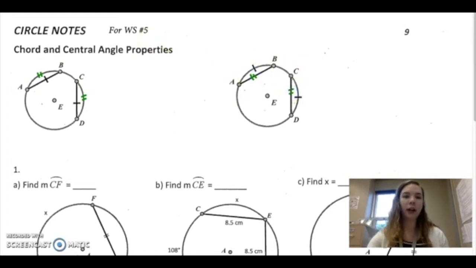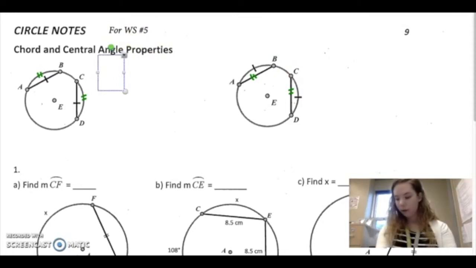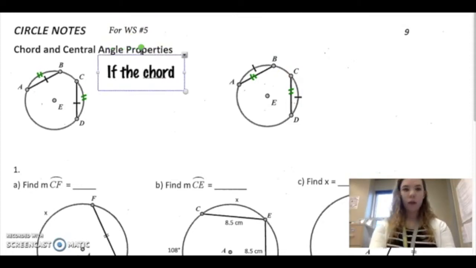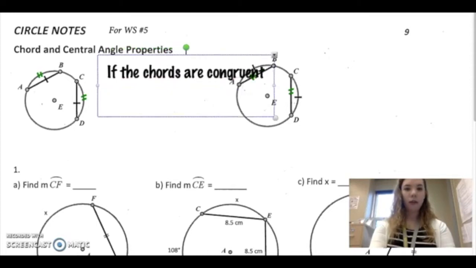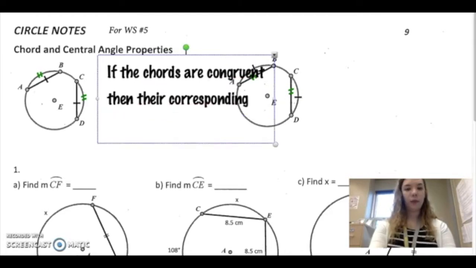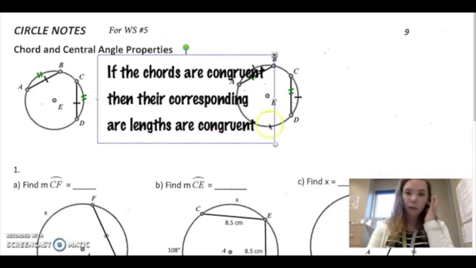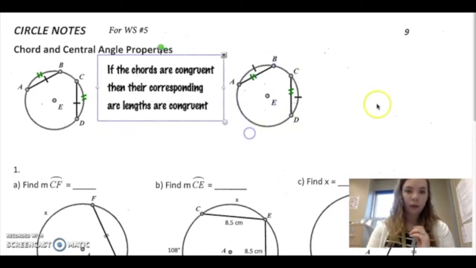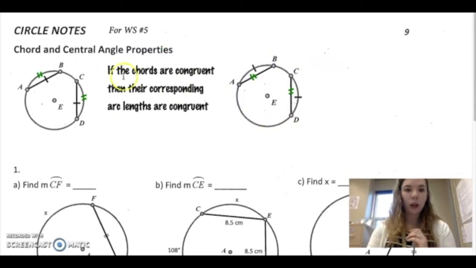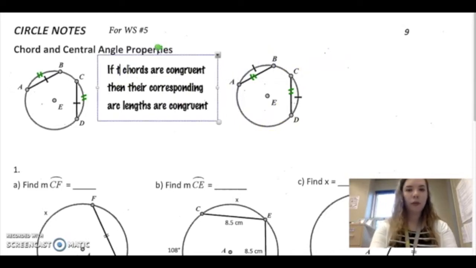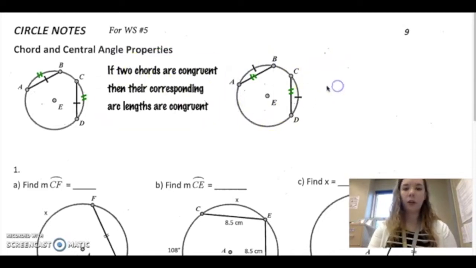So we're going to go ahead and write that out. If two chords are congruent, then their corresponding arc lengths are congruent.